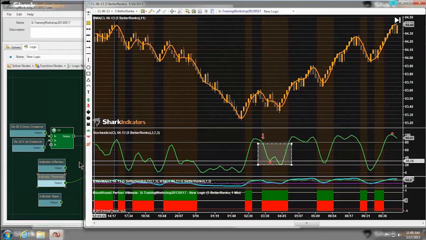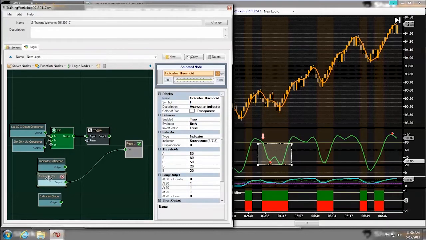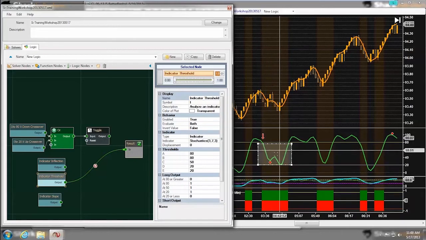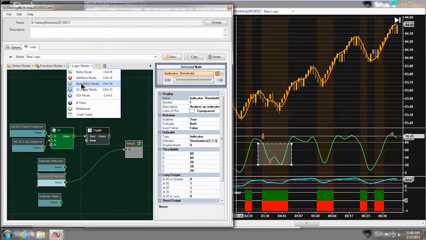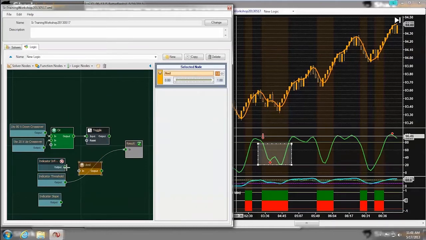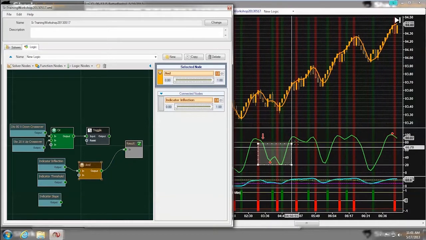And so now if I join both of these solvers together with an AND node, it'll restrict all these inflection points to this solver's output, which is marking this no man's land. All right, so there's all of our inflection points everywhere.